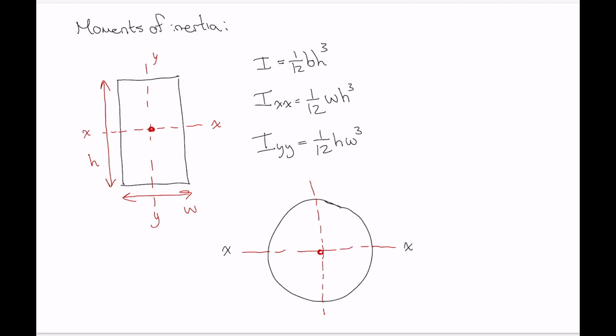So XX and YY are going to be the same. So we have I_XX equals I_YY equals pi over 64 diameter to the 4th power.